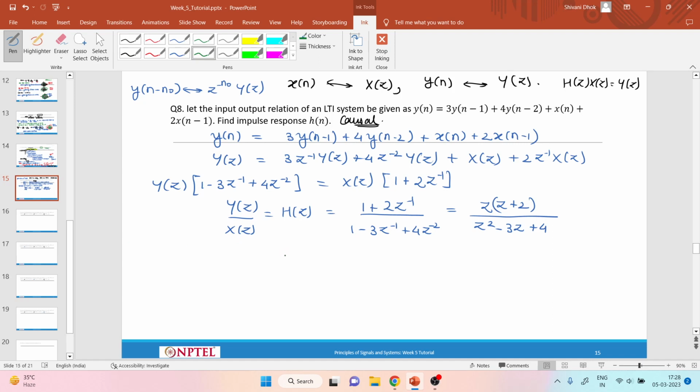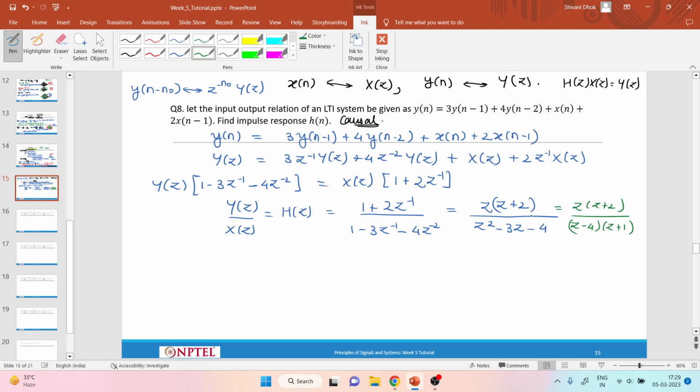So let's say this h of z is given by this formula, and this I can further simplify as z into z plus 2, sorry, this is minus sign, upon, so this is z upon z plus 2 upon z minus 4 into z plus 1.